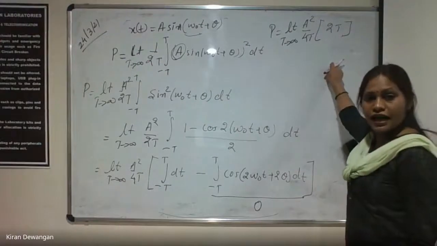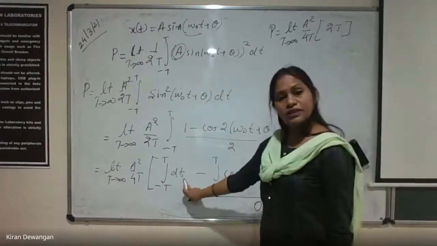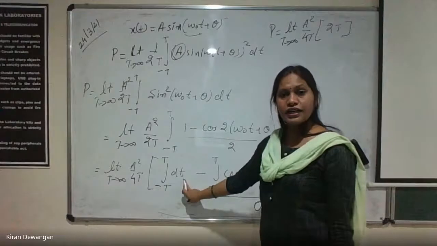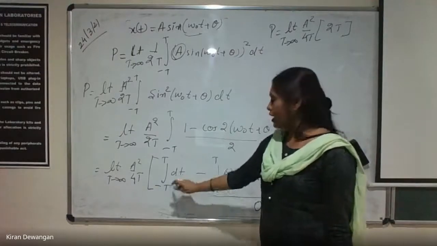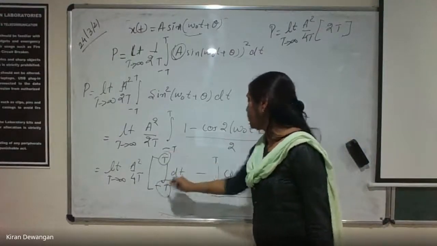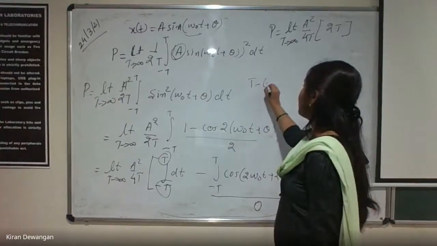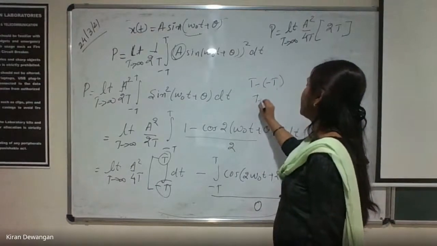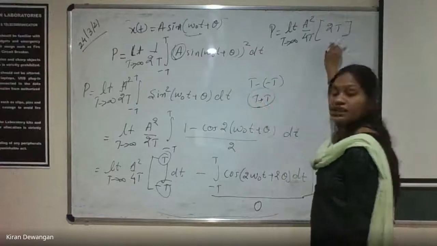If I directly apply the integration, the integral of dt is just small t. After applying the limits, it will be T minus (minus T), that is T plus T, which is 2T. Is this thing clear, everyone?